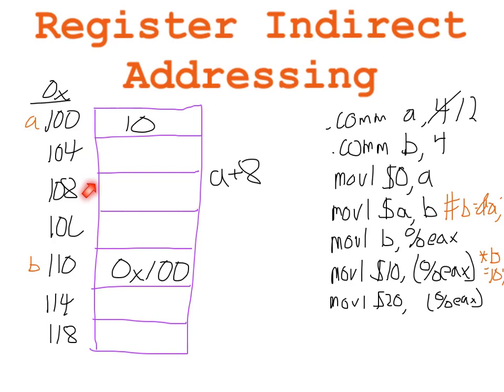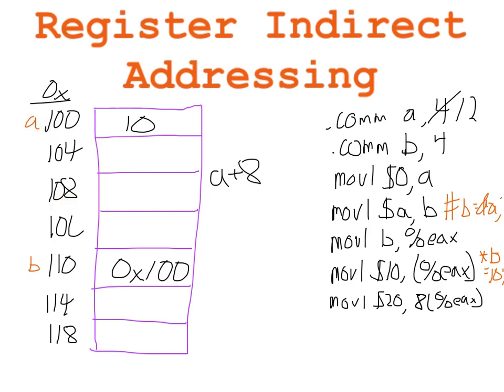Now, to do that, we're just going to add the offset to the left of our parentheses here by putting an 8. And so like direct addressing, where we added the offset using the plus and then the number of bytes we wanted to offset from our base A, 100, so that would take us to 108.